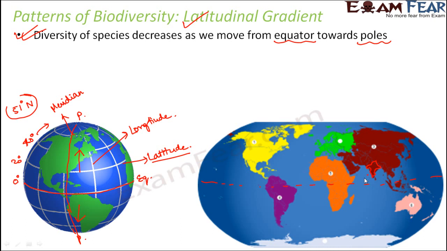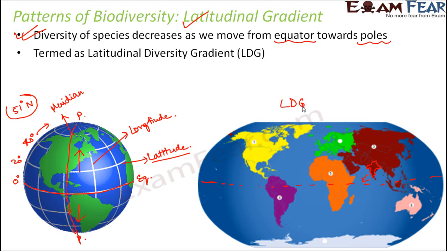So if you see, India is comparatively quite closer to the equator, and that is why India has a greater diversity of species. Now this latitudinal gradient is often termed as LDG, where LDG is latitudinal diversity gradient.